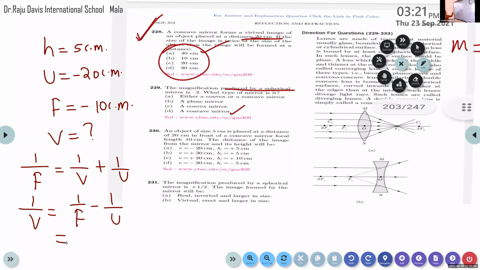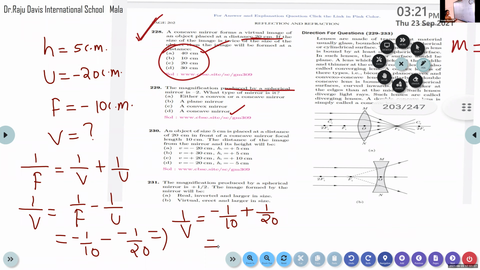Substitute the values: 1 by v is equal to minus 1 by 10 minus 1 by 20, which becomes minus 1 by 10 plus 1 by 20. Now find the LCM: minus 20 plus 10 divided by 10 into 20, that is 200, which equals minus 10 divided by 200.